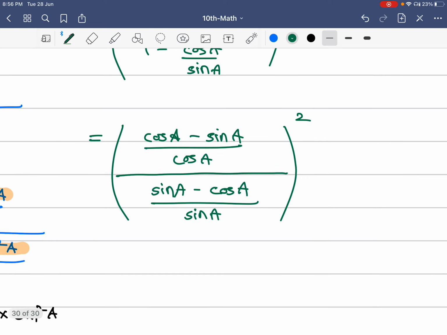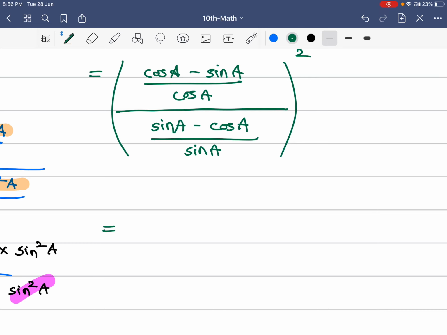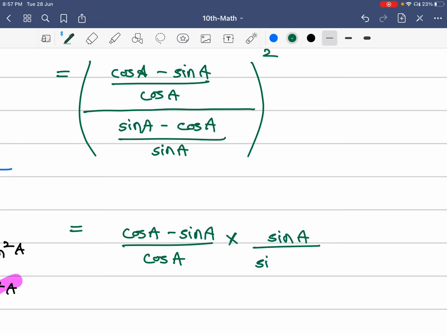Now once again we are going to rearrange. So that is going to be equal to (cos A minus sin A) divided by cos A, this is our numerator, multiplied by sin A upon (sin A minus cos A). And then this whole square.